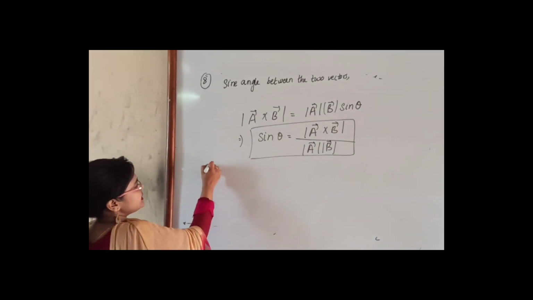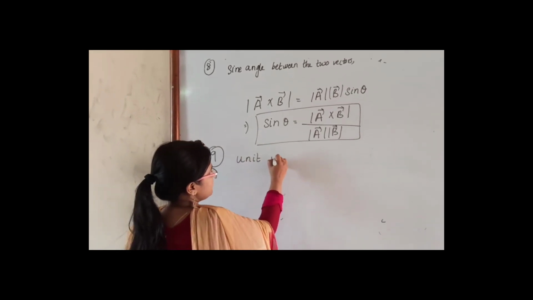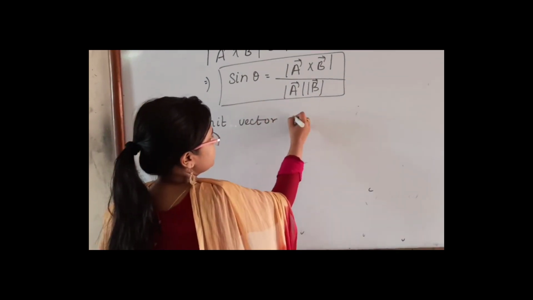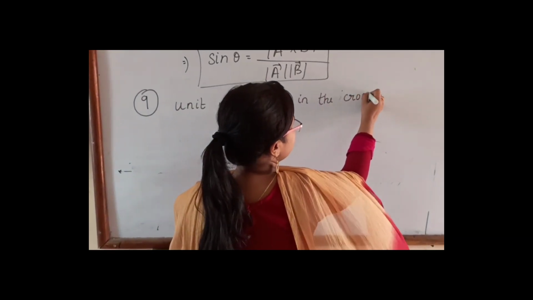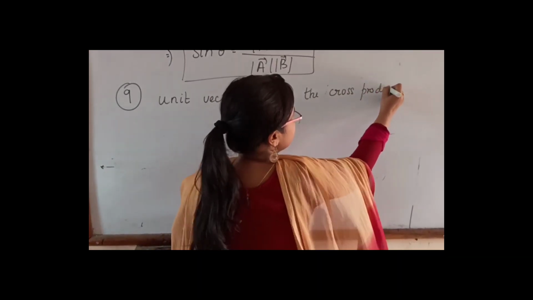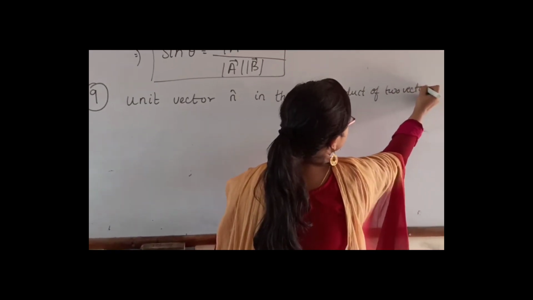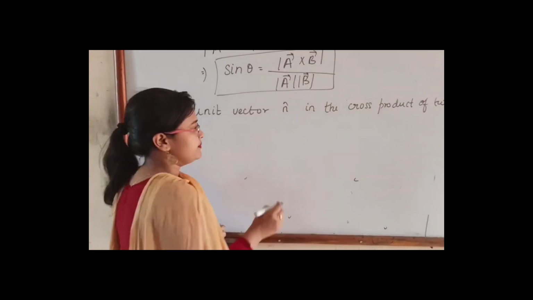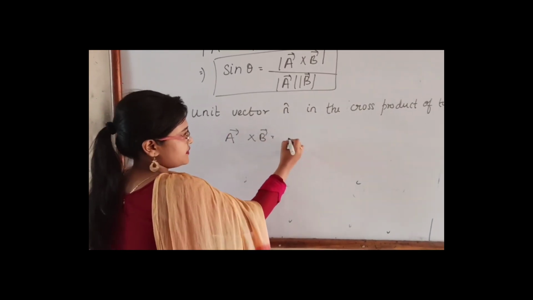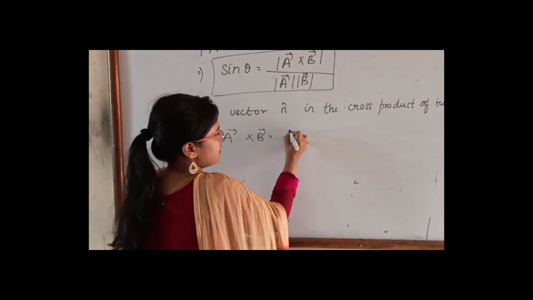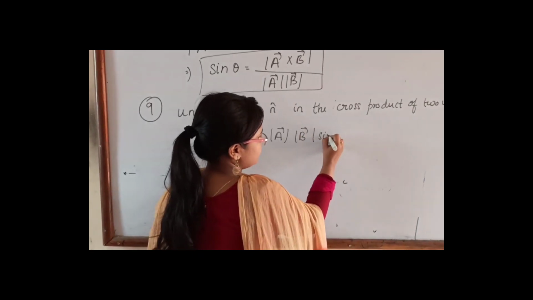Let us find out another property, that is the unit vector n cap in the cross product of two vectors. We know the cross product of two vectors A cross B gives the magnitude of vector A, the magnitude of vector B, and sine theta.